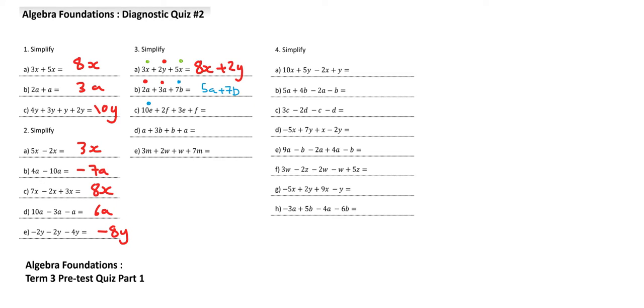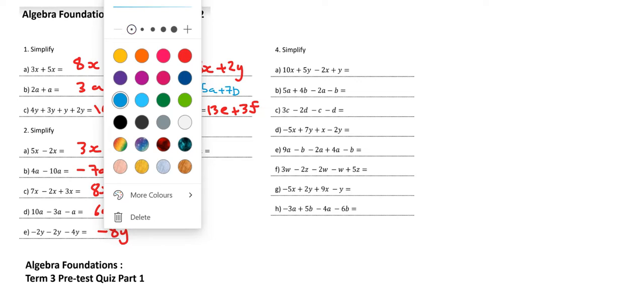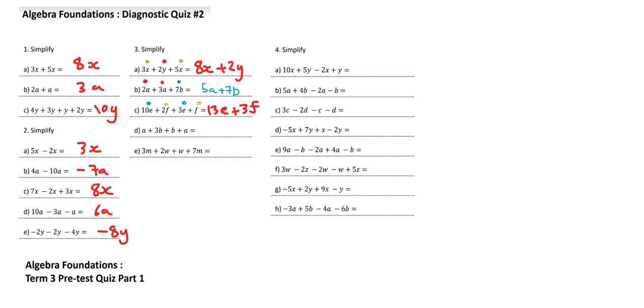The e's are like. The f's are like. So we have 13e plus 3f. Okay, so these are like, these are like. 2a plus 4b.